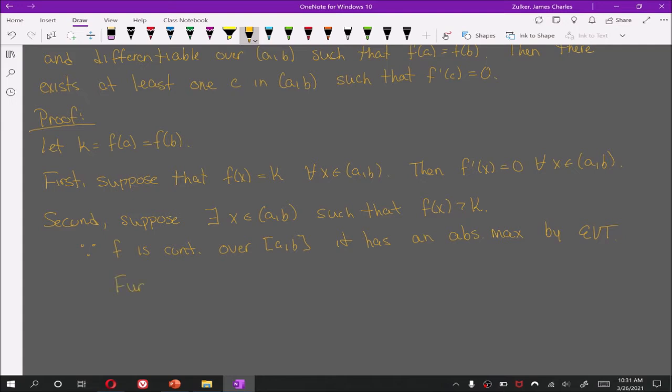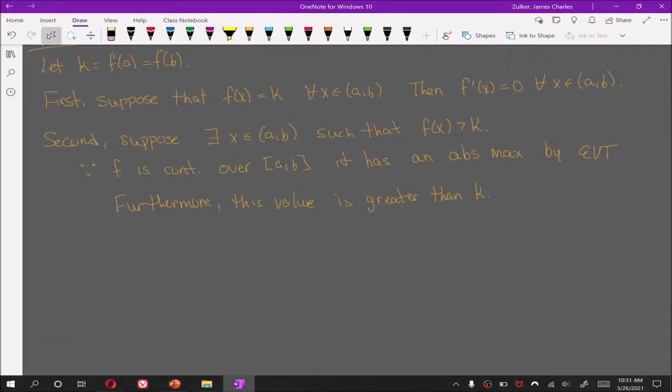Furthermore, this value is greater than k. Therefore, it does not occur at the endpoints, right? So this means that the absolute max does not occur at the endpoints.